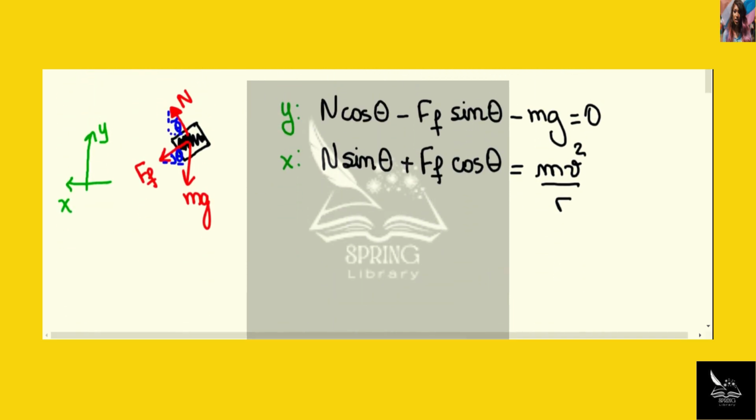Okay. Now notice that we want to find the maximum possible value of the speed v, and this means finding the maximum possible value of the frictional force F. And as I said before, the maximum value of the static friction force is the coefficient of static friction times the normal force. Okay, so I'm going to consider that the frictional force is maximum.